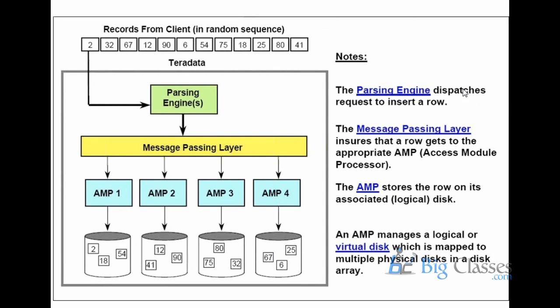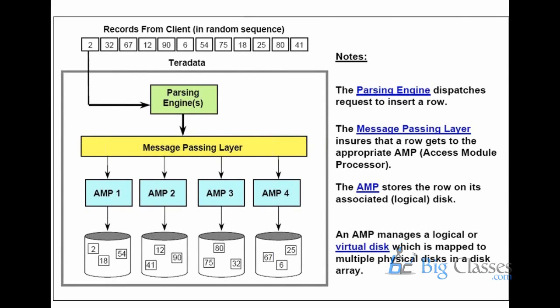Then node-to-node communication should happen. In that case, we will have the message passing layer as a chipset board. An external chipset board needs to be connected to both systems so that node-to-node communication happens. Suppose this parsing engine needs to communicate with an AMP which is in the other node, then the communication happens via the chipset board.